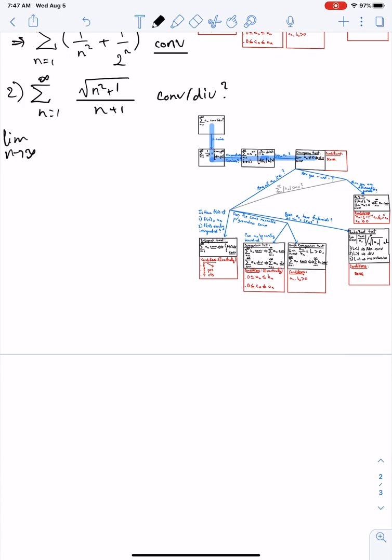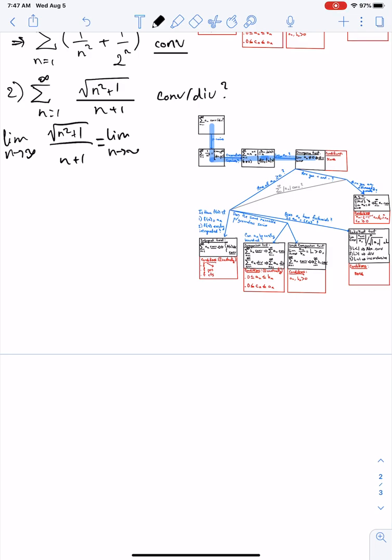It's one of the standard limit problems, really. The answer is going to be dictated by the biggest term in front.